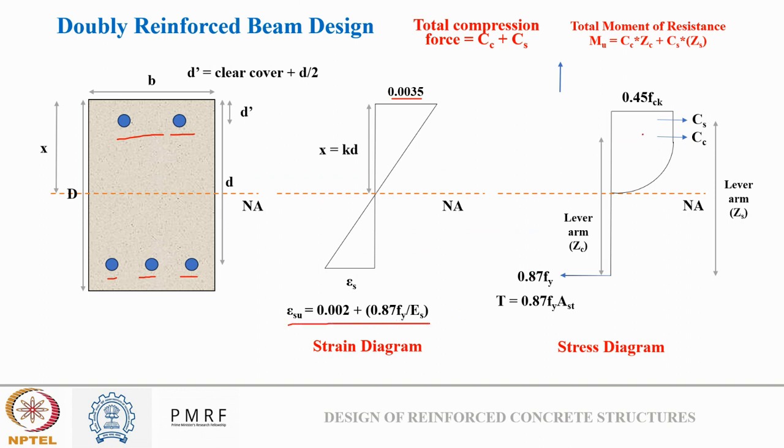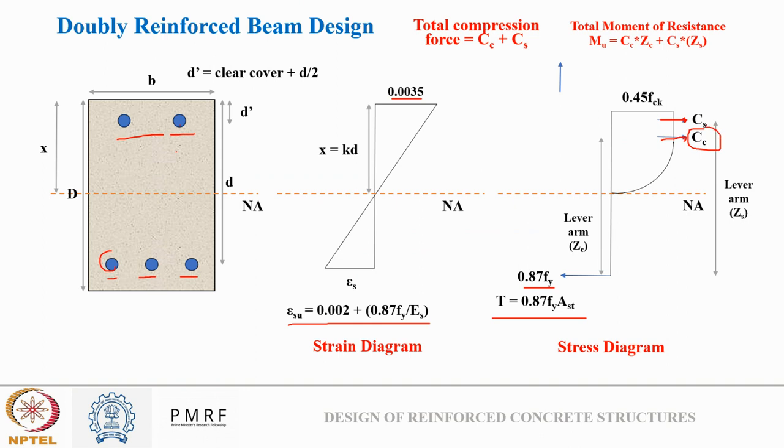Now I will have two values. The tensile force at the bottom will be due to these rebars only, but the compression force at the top will be due to both concrete and steel.